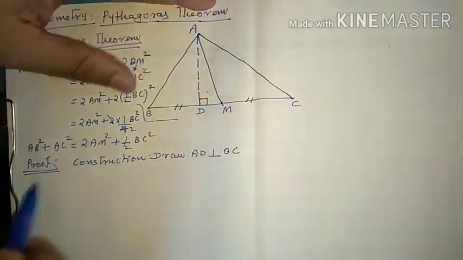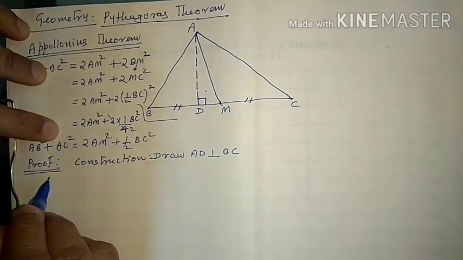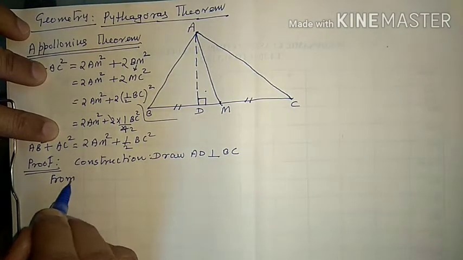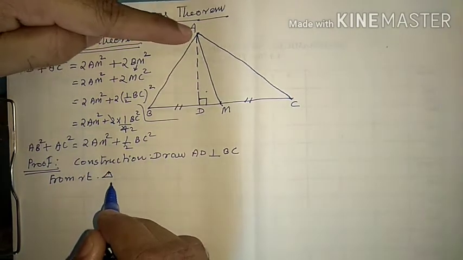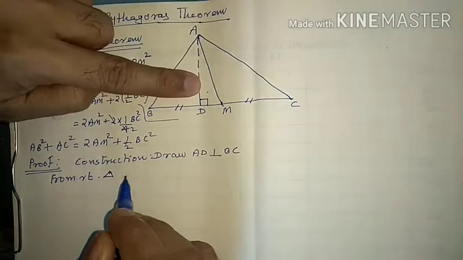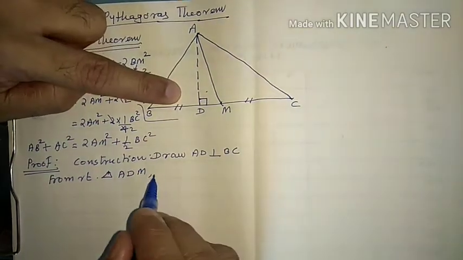We consider the smaller triangle. From right triangle ADM, what are you getting?